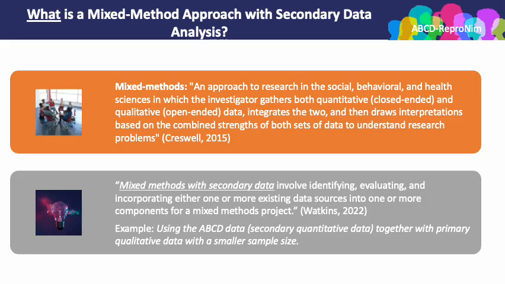So one example would be using the ABCD study data as a secondary quantitative data set together with a primary qualitative data, which would have a small sample size. So you still are introducing two different types of data, quantitative and qualitative. The ABCD study one just happens to be a secondary quantitative data set.